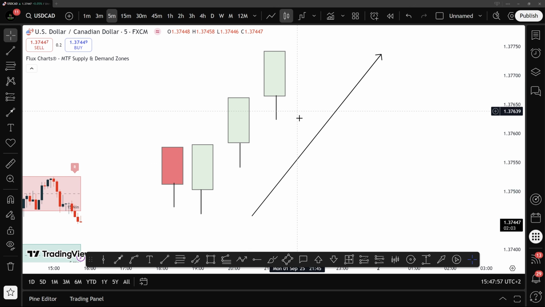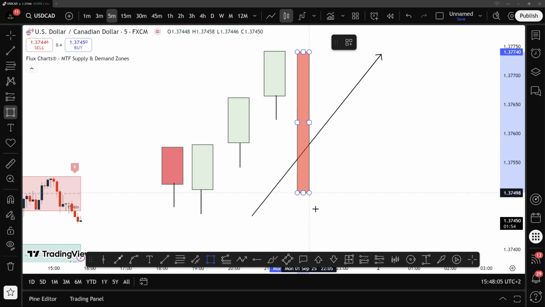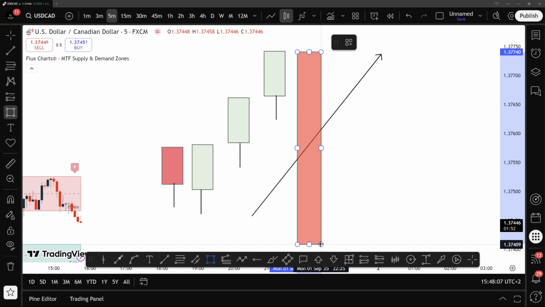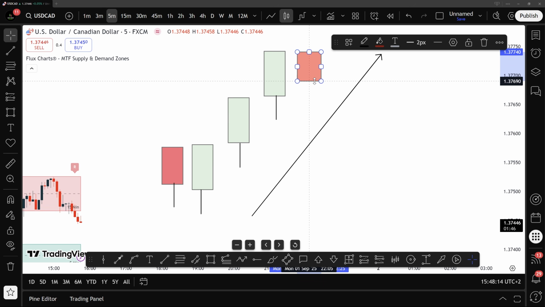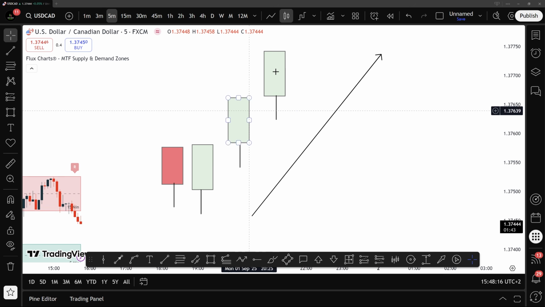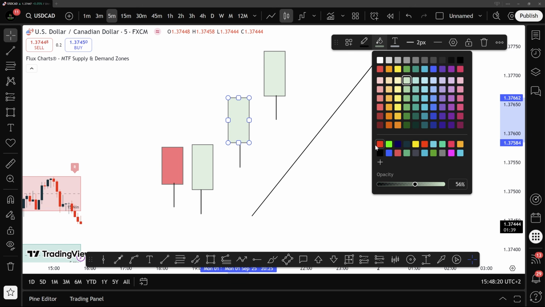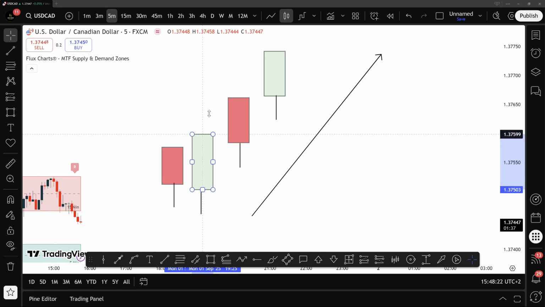The only thing that can disturb this move, because right now what we have to expect for the market to change direction is for price to break all of these three candlesticks, because we have a sequence of three candlesticks. But the only thing that can change this scenario is when this candlestick is bearish like this.